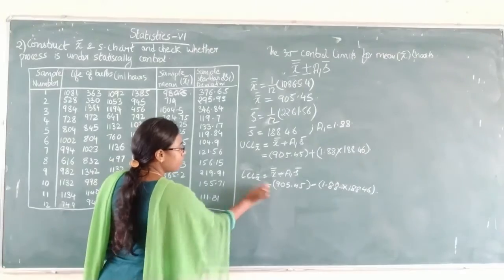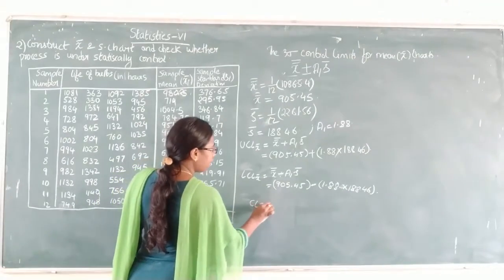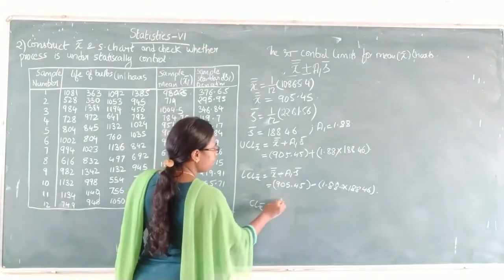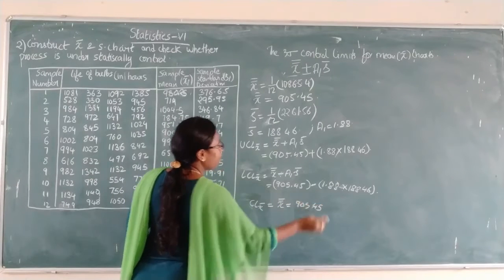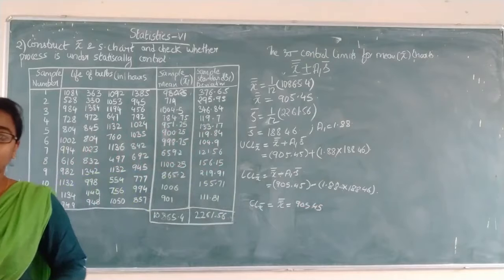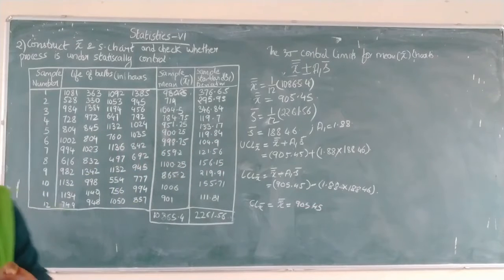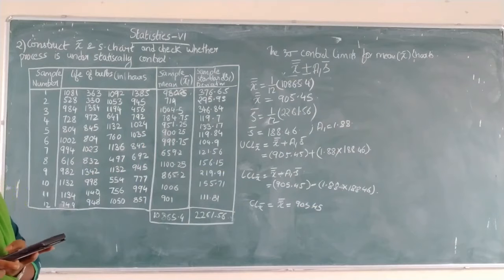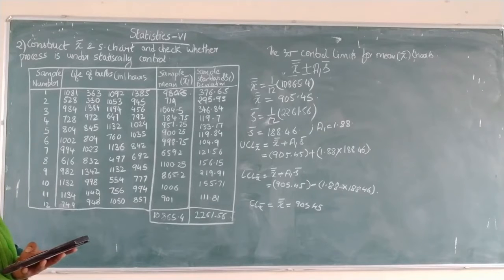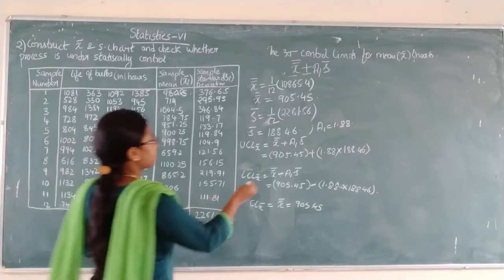Next is CL of x bar, which is nothing but x double bar equals 905.45. Now find the UCL value. Take your calculators and calculate the UCL value; the answer is 1244.6.